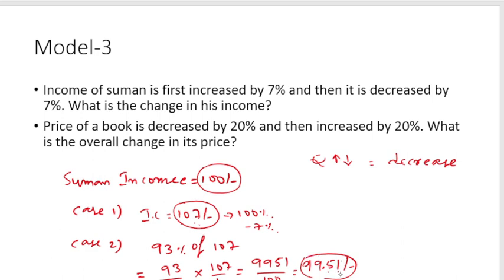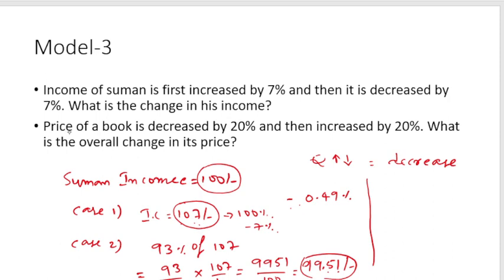So how much percentage is it decreased? 0.49 percentage, and minus represents decreasing, so it is decreased by 0.49 percentage. Without doing all this calculation we can find it directly. This is a very useful shortcut method.